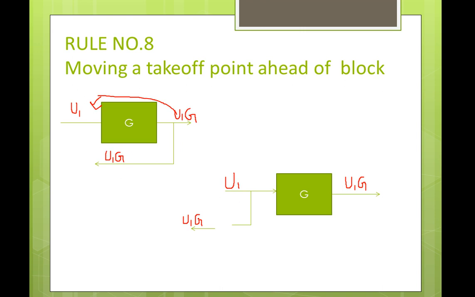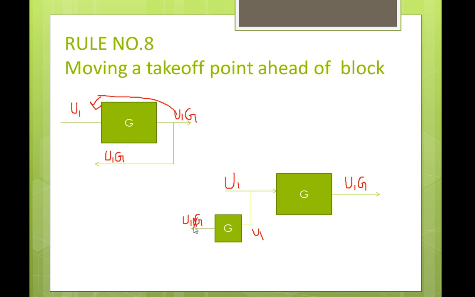So here I am moving the takeoff point before the block. Here we have u1, so here also you are getting only u1. But at the takeoff point you need to get u1 into g. So instead of getting u1 into g, here you are getting only u1. In order to get u1 into g at the takeoff point, we add one more block which has the gain of g.